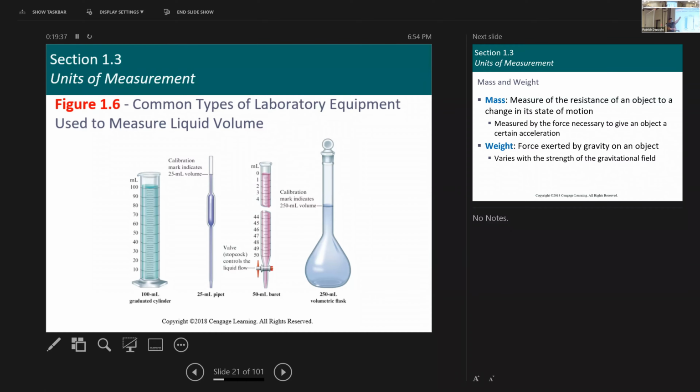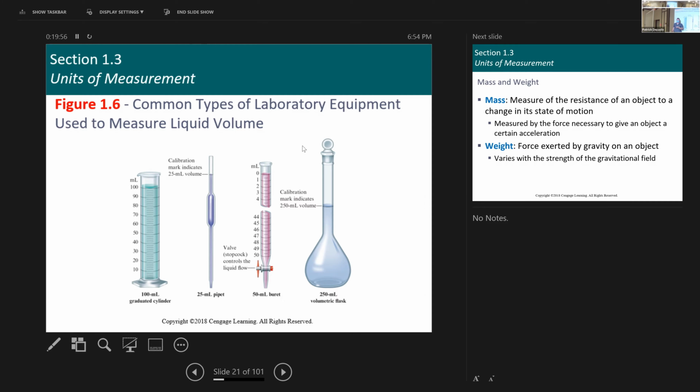Here are some laboratory instruments that you will see. The graduated cylinder. You can see it has tick marks, and each one of these is in milliliters. This is the volumetric pipette. I don't think you'll see this until you get to instrumental analysis, which maybe you, the biology major, will get to. But engineers, I'm not sure if you need to take that.